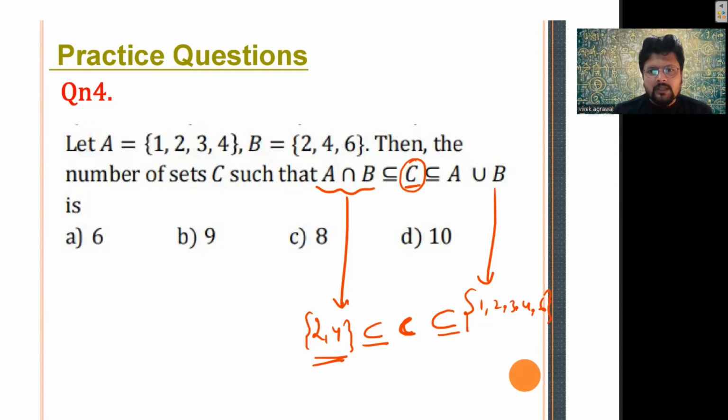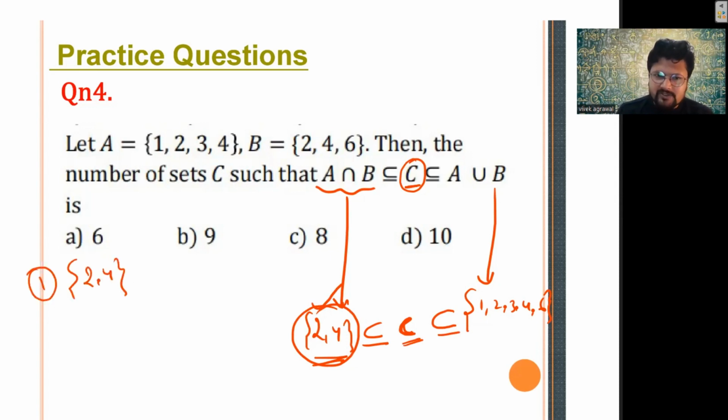Okay, let's see how we can solve this. First of all, this {2, 4} can be taken as C, right? No issue. So one answer is this only. Now let's talk about the second type of answer in which we can have one extra element.